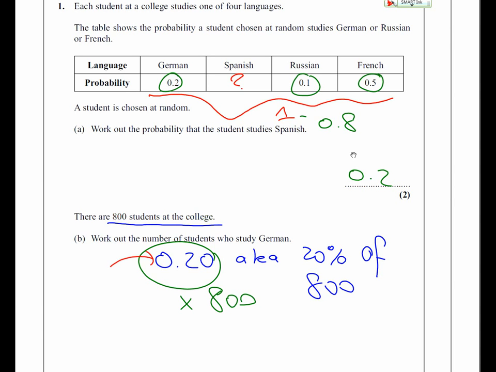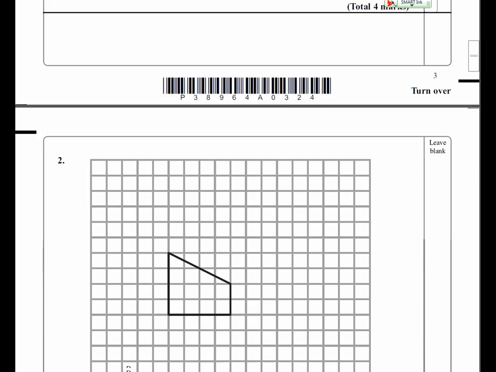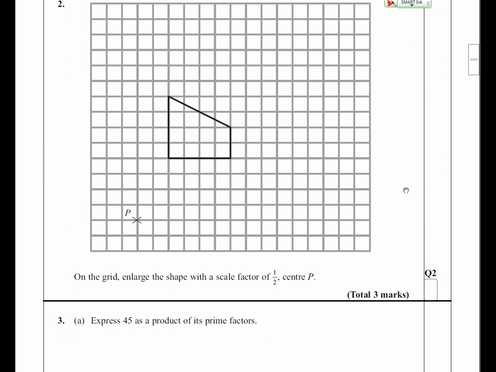This is called your multiplier, and it will find 0.2 of 800, aka 20% of 800. It's a very useful tool to get the answer of 160 students. Okay. 4 marks so far. Question 2.